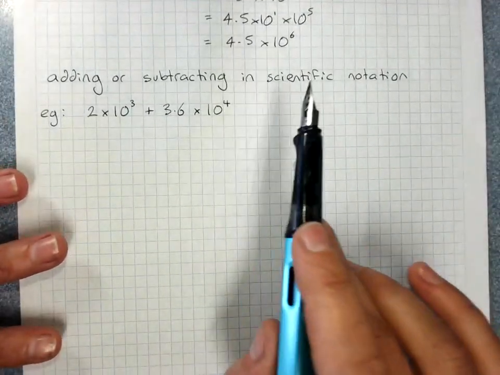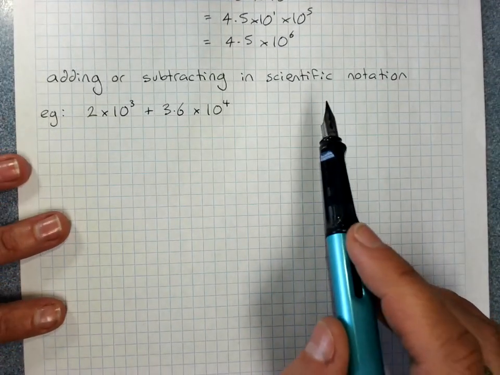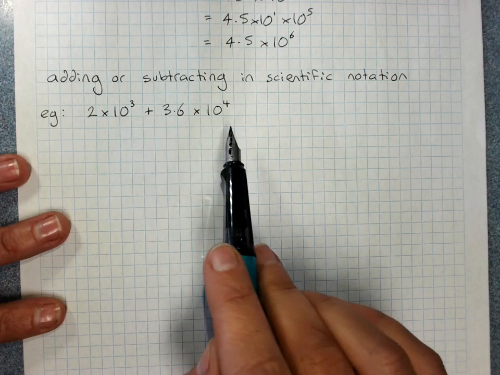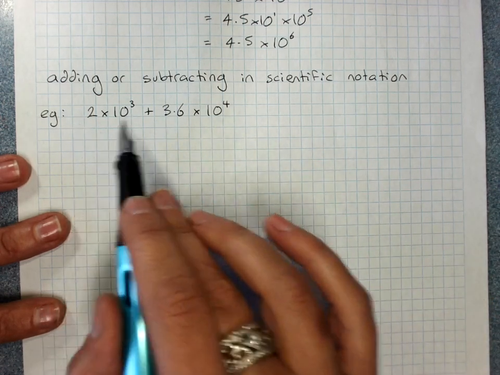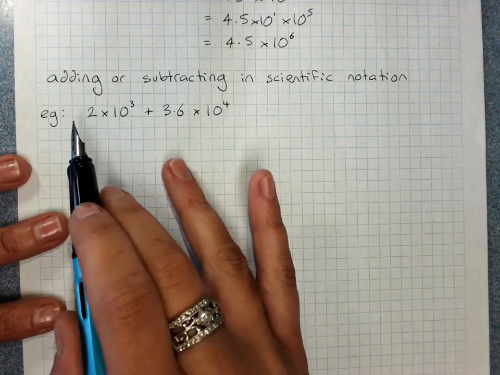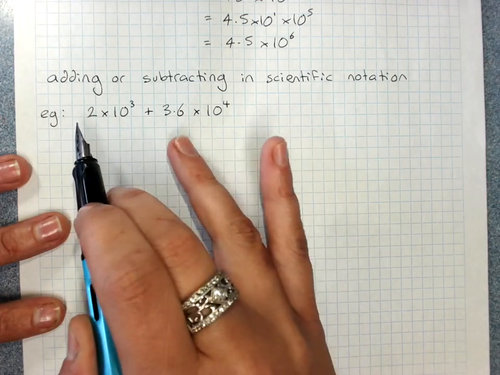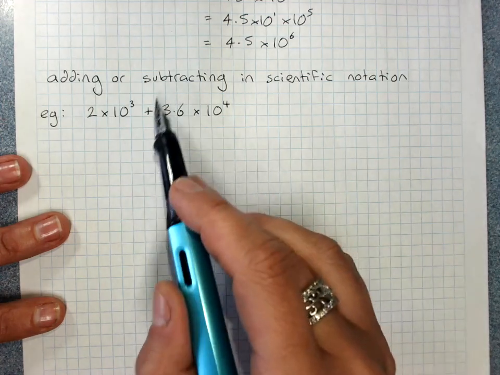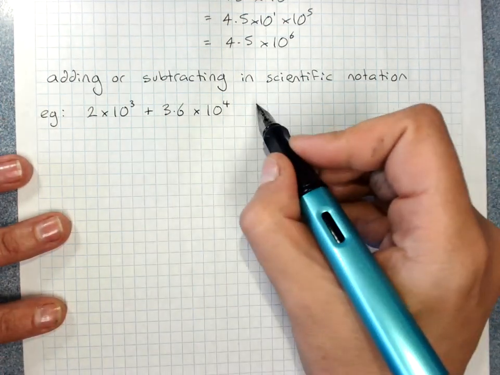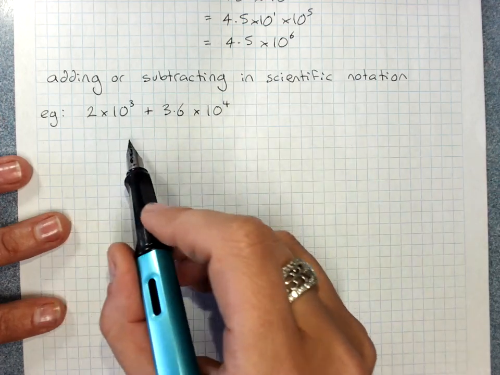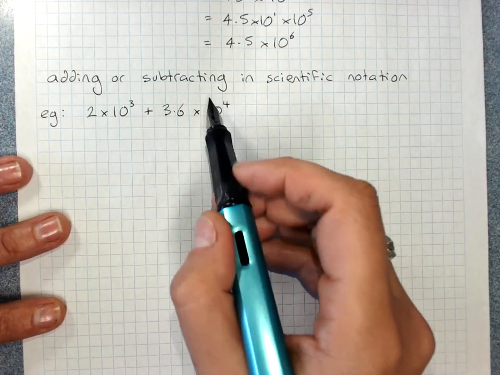If you're adding and subtracting in scientific notation, you want your powers of 10 to be the same. And then you can just add or subtract the coefficients of the powers of 10. That is the A number that's between 1 and 10, which is really quite useful. So you'll have to change one of these, change the big one.